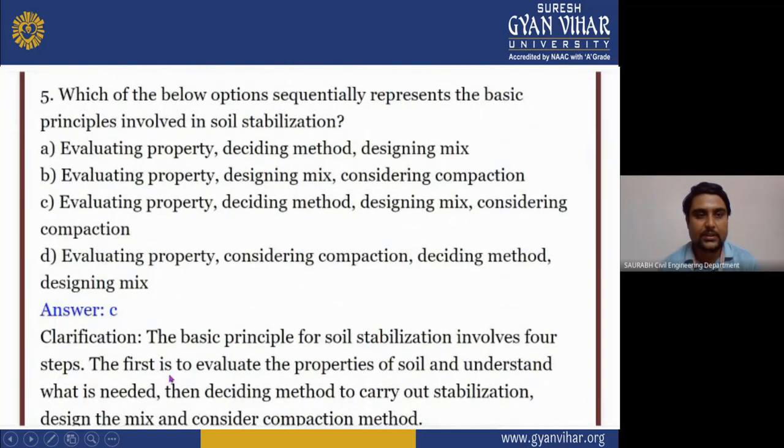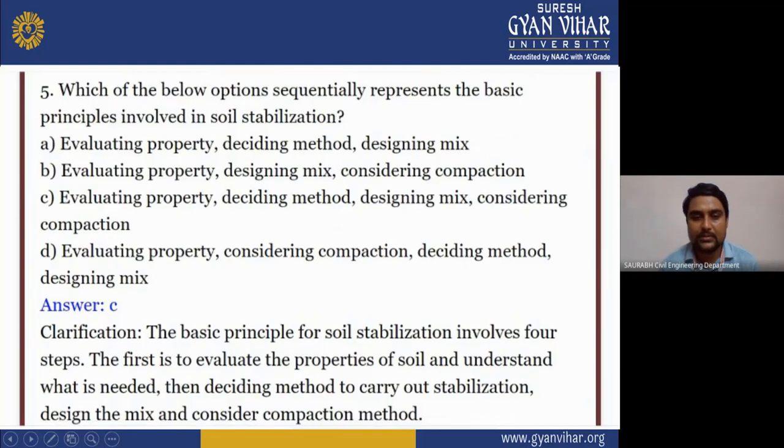Which of the below options subsequently represents the basic principle involved in soil stabilization? As you can see, there are many options, and here the right answer will be C: evaluating property, deciding method, designing mix, and considering compaction. This is your right answer.